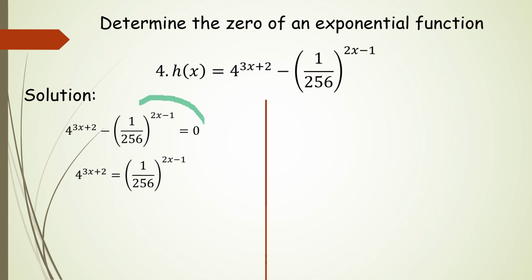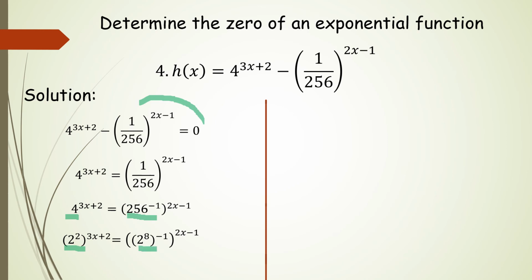So, kailangan equal uli yung base. 1 over 256 is also equal to 256 raised to negative 1 o yung reciprocal. And yung 4 ay equal sa 2 raised to 2. And 256 is also equal to 2 raised to 8.